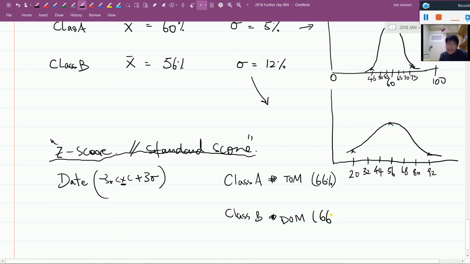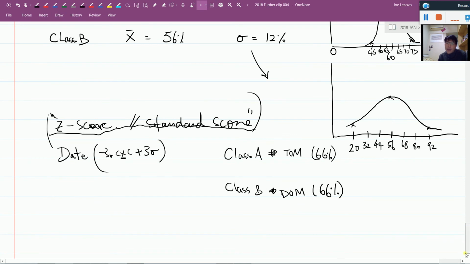Also scores 66%. Compared to both of them, class A and class B, is Tom's performance better? Or does Dom perform a little bit better, even though both of them are 66%? We cannot put Dom into class A and do the test again, but we are able to use set score, standard score, to tell the difference between them.